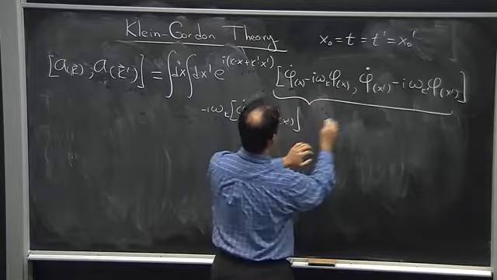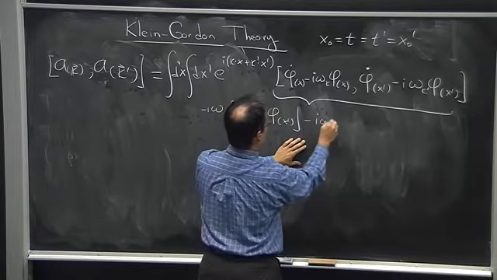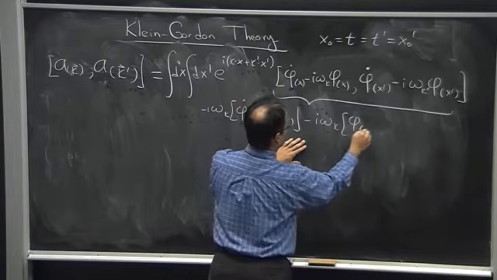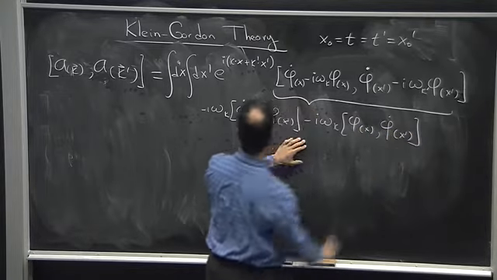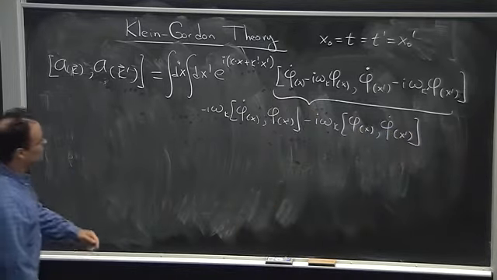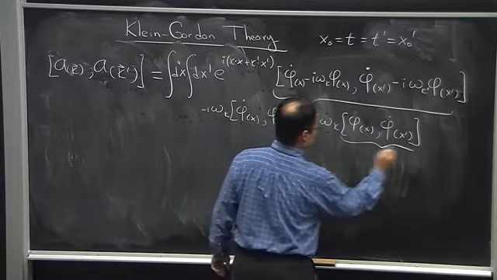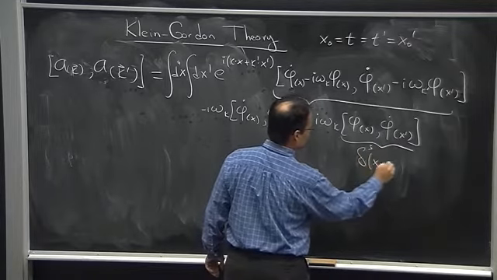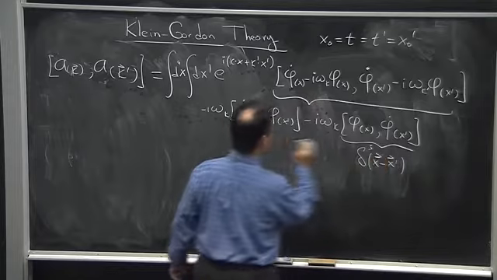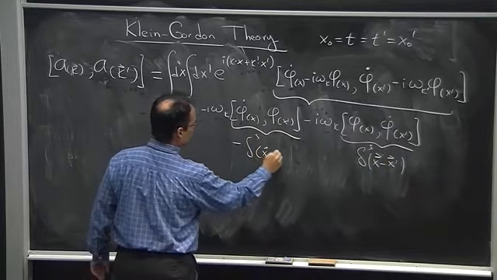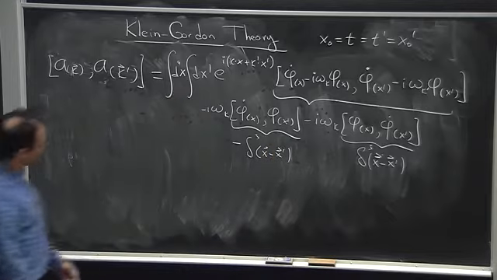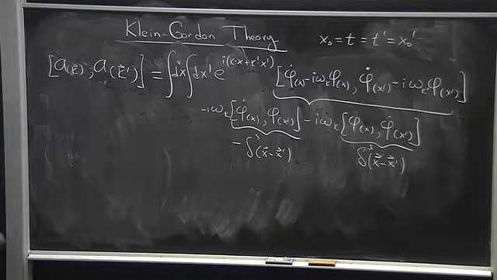And then this with this will be minus i omega k phi of x, phi dot of x prime. Okay? So this one will give me a delta 3 of x minus x prime, while this one will give me minus delta 3 of x minus x prime. Okay?